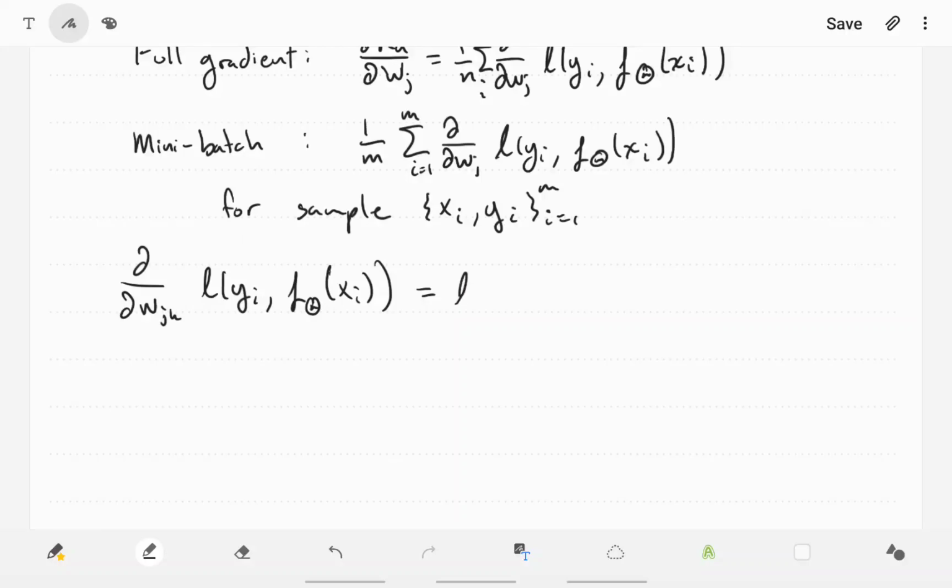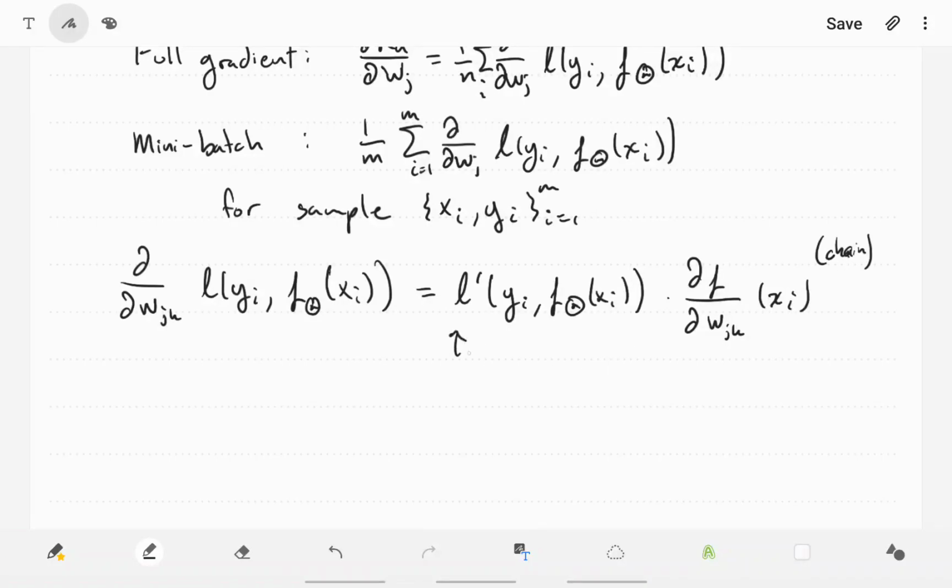This is equal to L prime of yi, f sub theta of xi, times this partial f over partial wjk of xi. This is just the chain rule and nothing more.